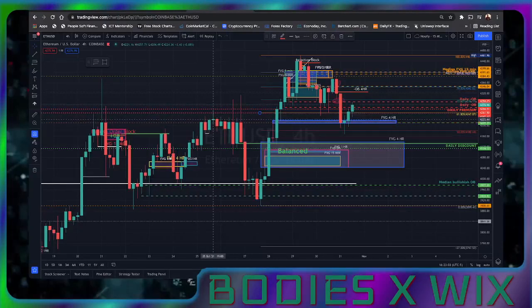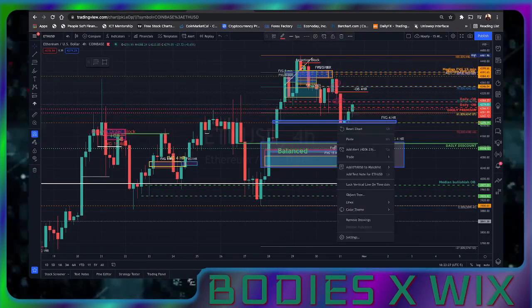So I thought, if it was going to start a fall, and I wanted to make a decent buck, I could probably go from this 4 hour gap, because gaps usually act as magnets. They are attracted to it, and then as soon as they get to it, they usually repel, right?